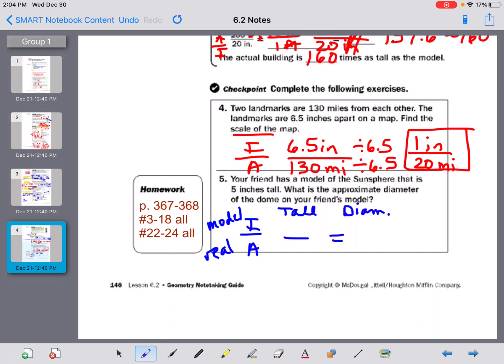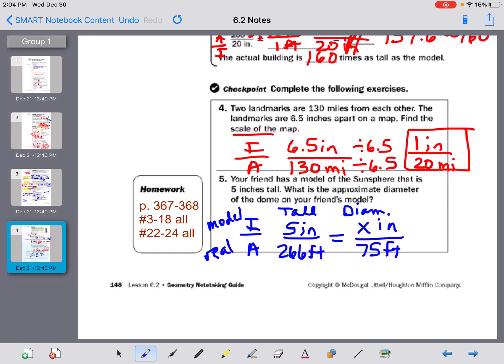The model's height is 5 inches. I don't know its diameter, but I know it's going to be in inches when I get done. The real one was 266 feet tall, and we solved earlier and found the diameter, let's just call it 75 feet.